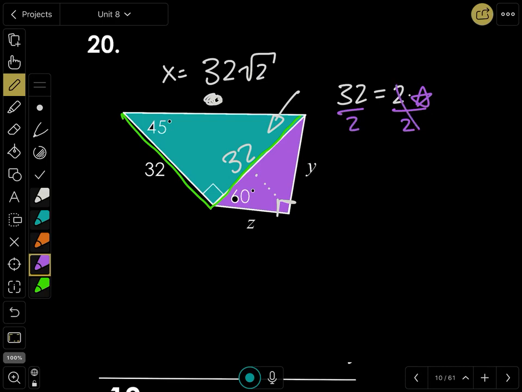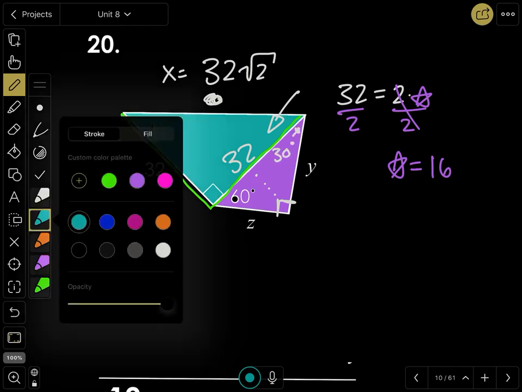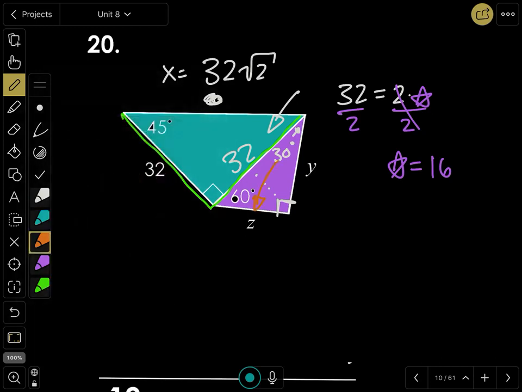So we find that our star value is 16. And let's see, our smallest angle will be 30 degrees, so that's this one in here. And that means that the side across from that smallest value, z, will just be star. So z is star, which is 16.